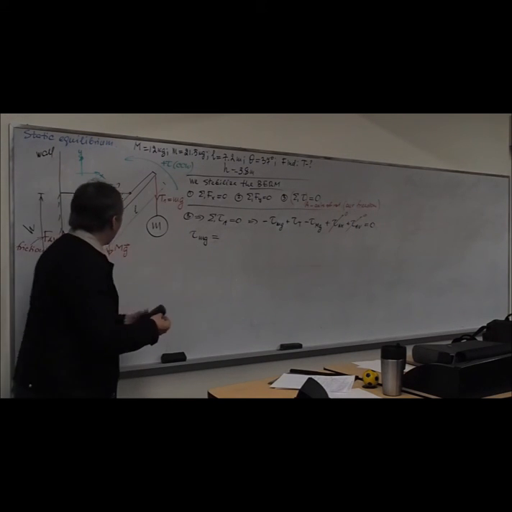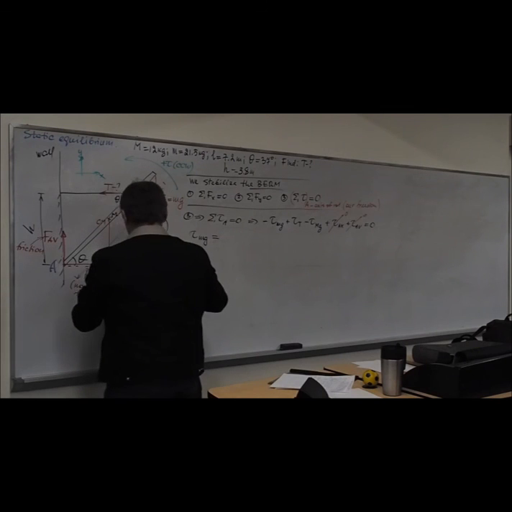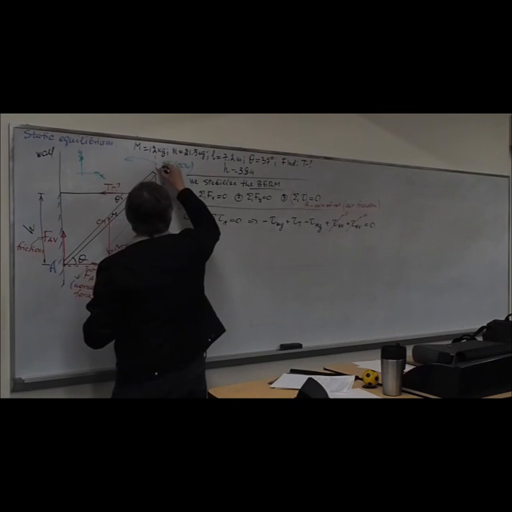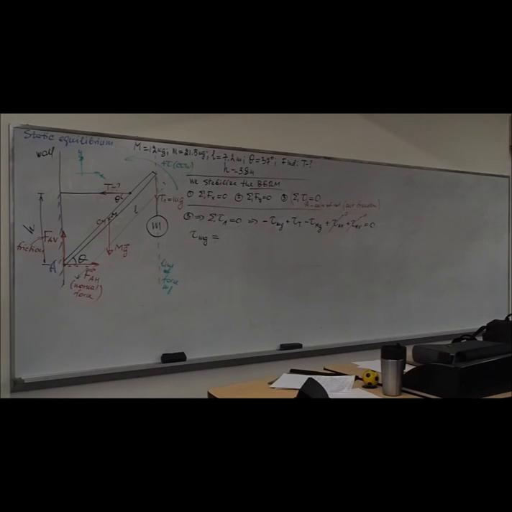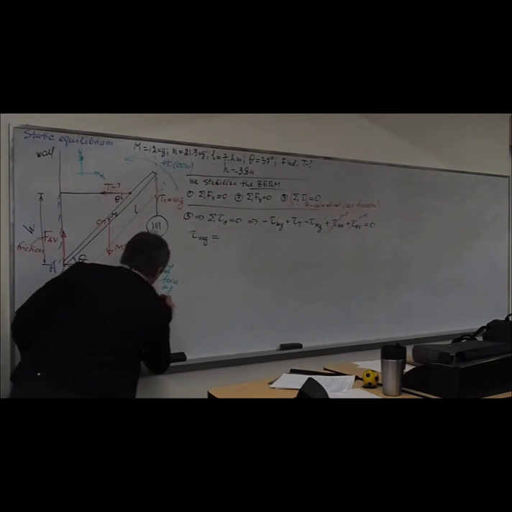We're talking about this m small g, so I'm talking about this line of force. And what is the perpendicular distance in this case, from the axis of rotation to that line of force? I'm talking about this distance, right?